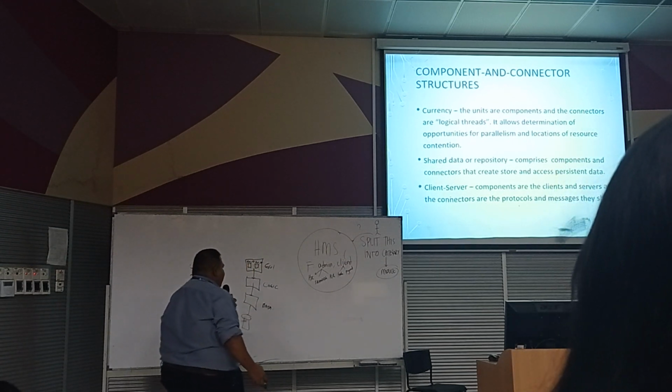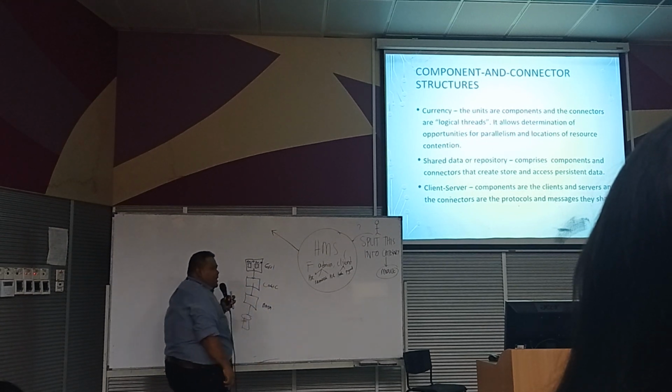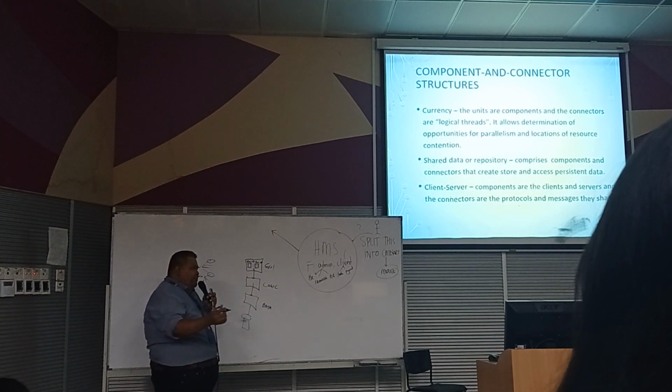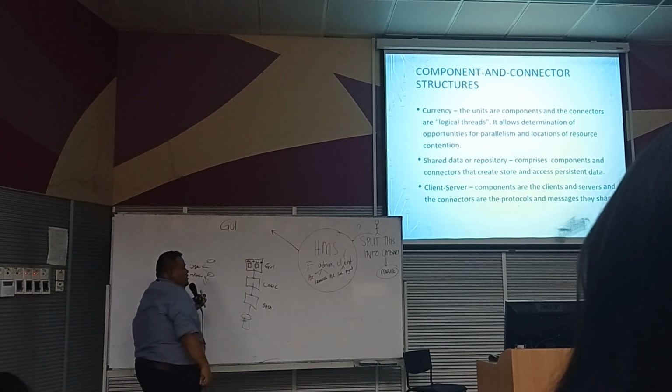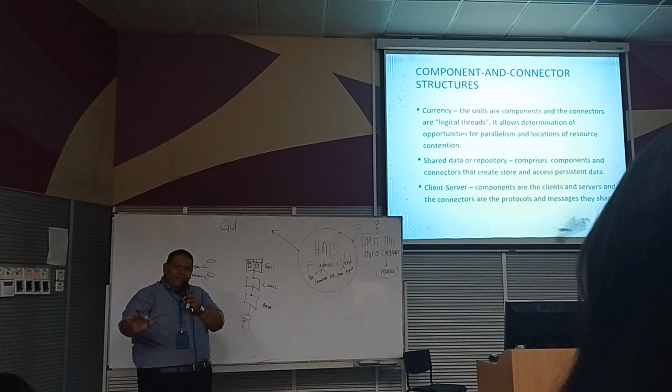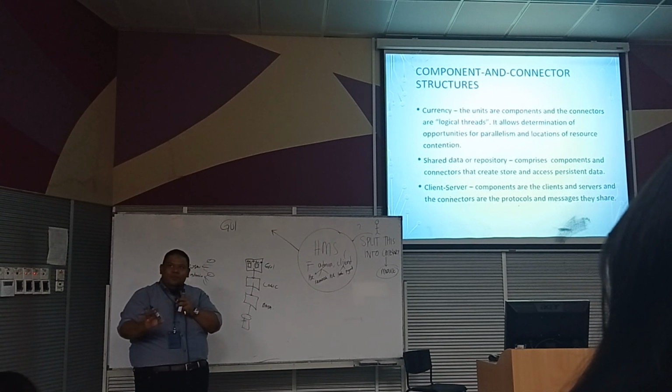Okay, what do I mean by this? From the hotel management system, what can I get from it? One module I can have is GUI. Everything is about GUI, the one that can be seen from the user.